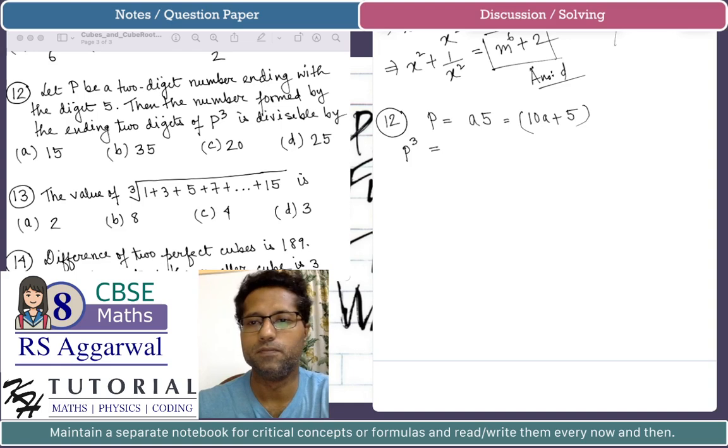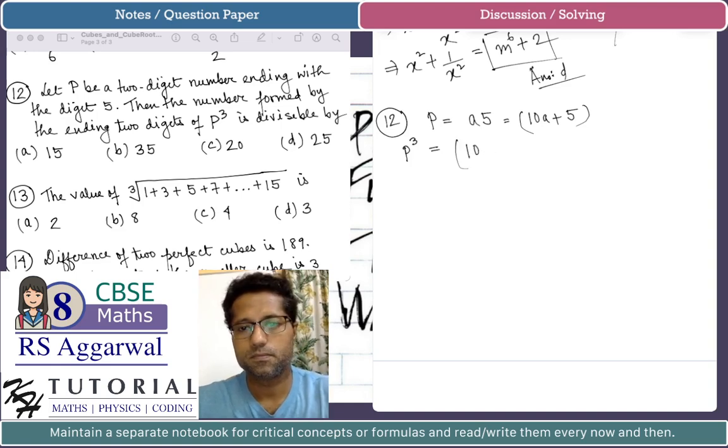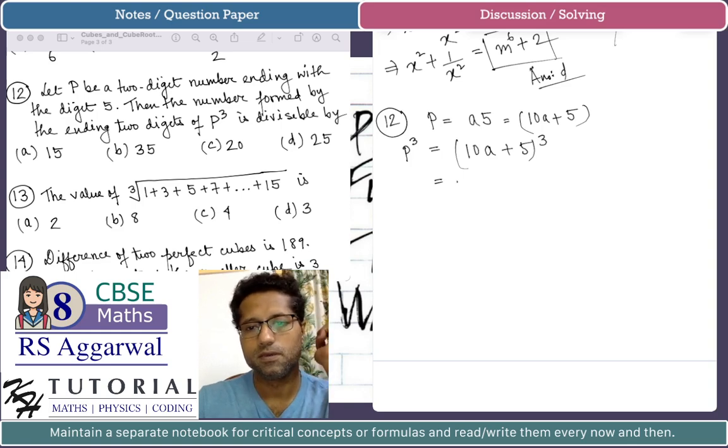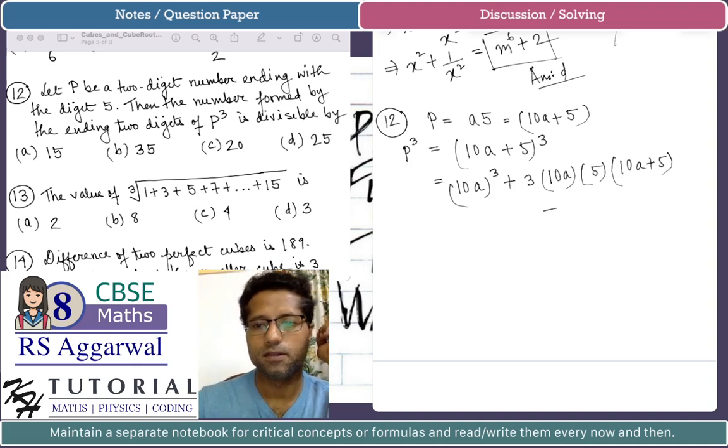So P cube will be 10A plus 5 whole cube. Now this is a plus b whole cube. If you apply the a plus b whole cube formula, this will be 10A cube, plus 3ab, that is 3 into 10A into b into 10A plus 5, and then b cube, that is 5 cube.